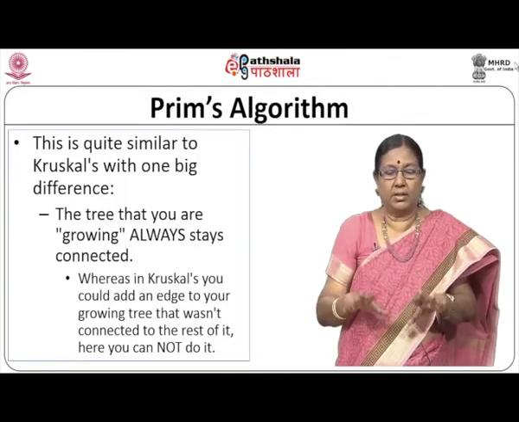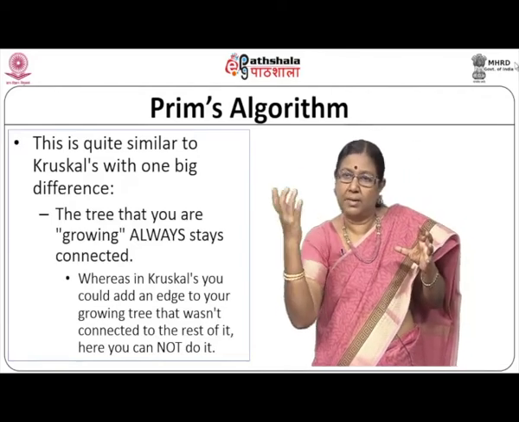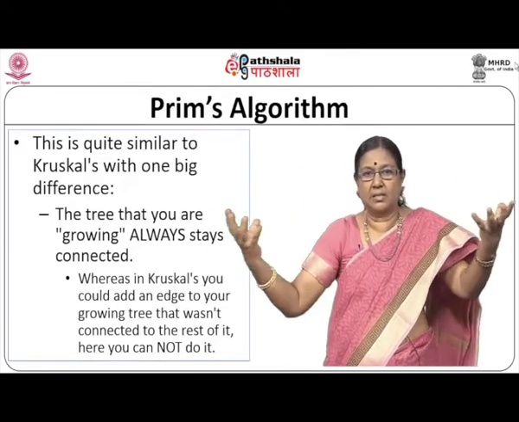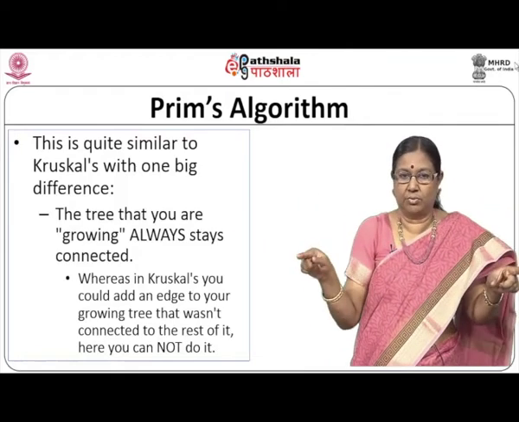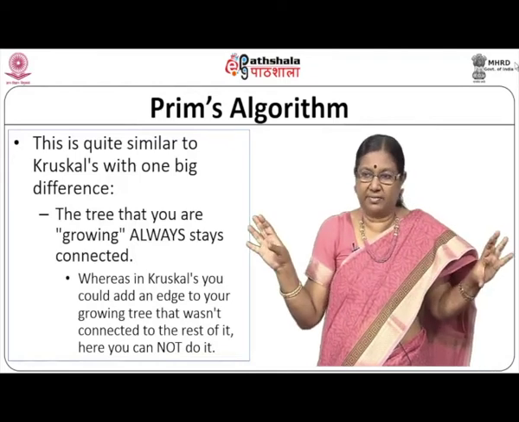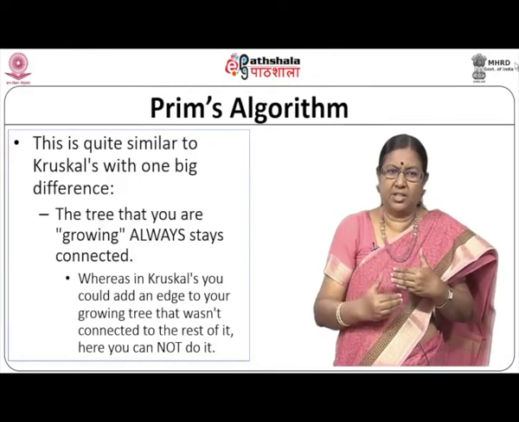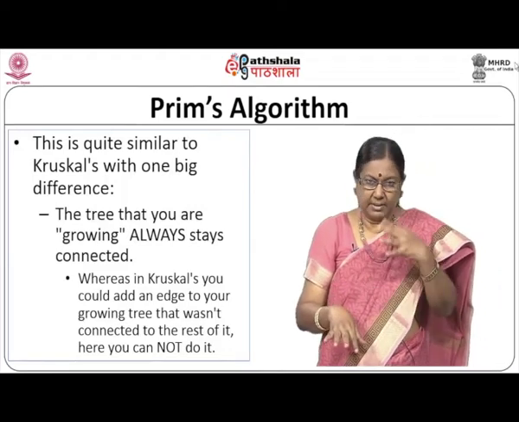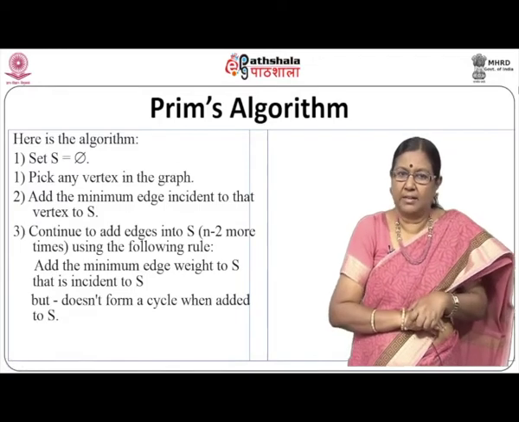Here you cannot do that, you will add only when there is a connection. In Kruskal's algorithm it depends on the minimum edge. So, you can have two disconnected edges forming two trees, and you could connect the two trees. Initially you start with all different, remember. So, here is the algorithm.